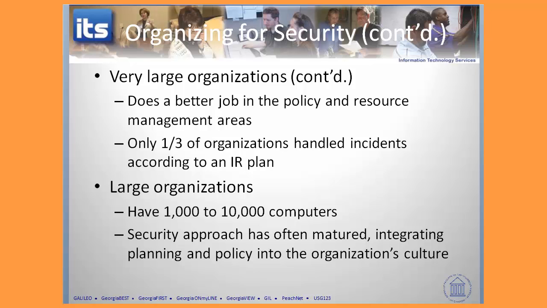All right, let's look at large organizations. Large organizations we've defined as between 1,000 and 10,000 computers. Again, their security approach, like very large organizations, should be mature, integrated planning and policy into the organizational culture.